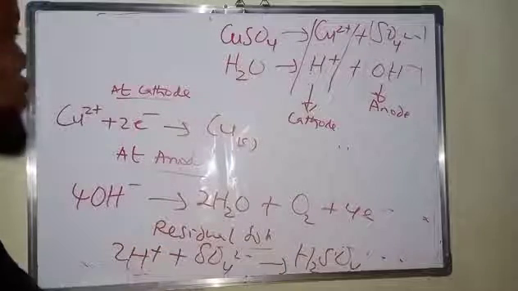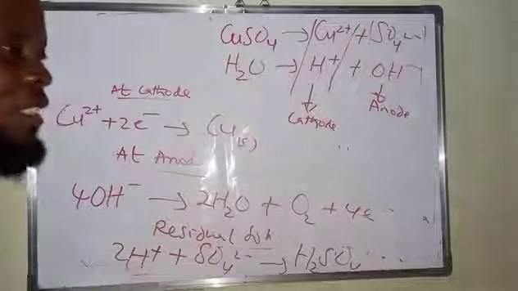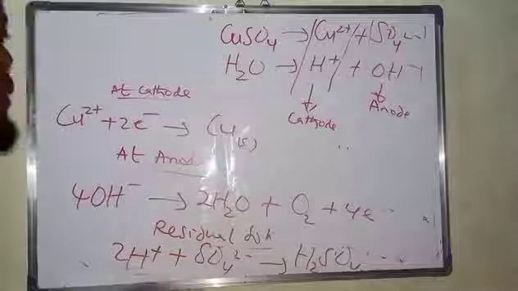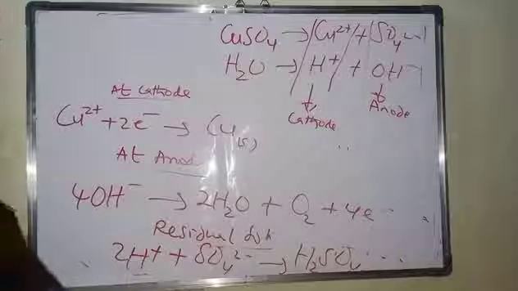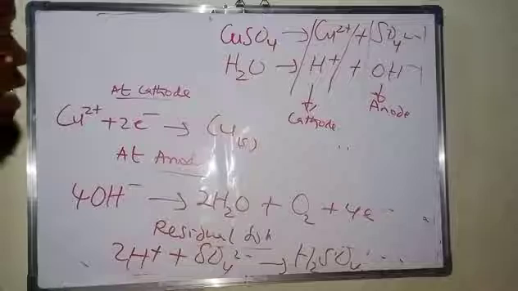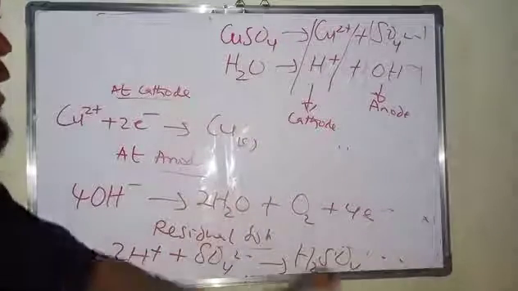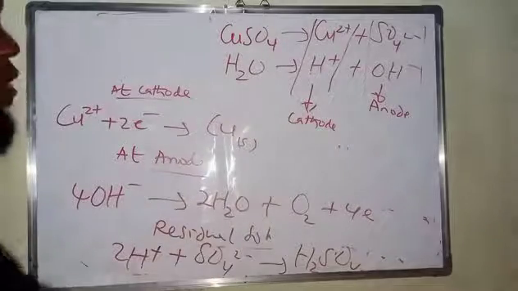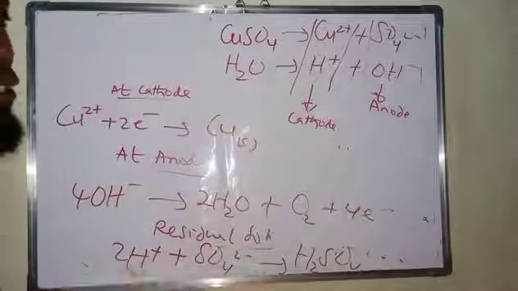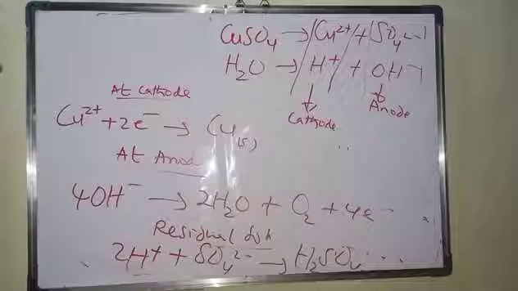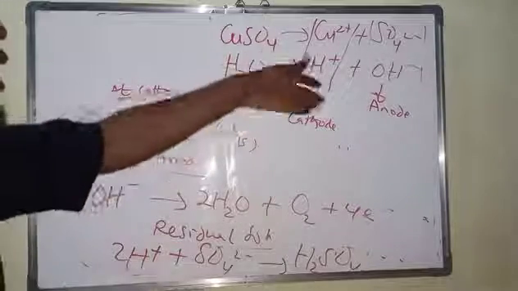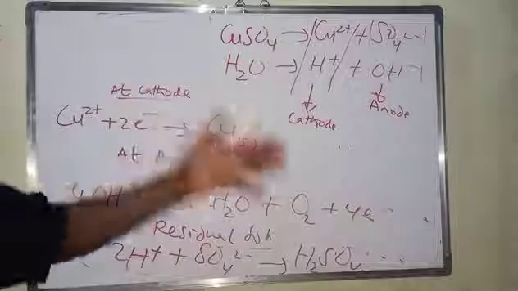So now which option do we go for? From deep blue to pale, then if electrolysis is completed, since when they say at the end of electrolysis, we are going to assume a complete electrolysis. Then we go for clear. The blue color must have all disappeared, because if all the copper 2 ions are converted, then there will be nothing in the solution that will give the blue coloration again.